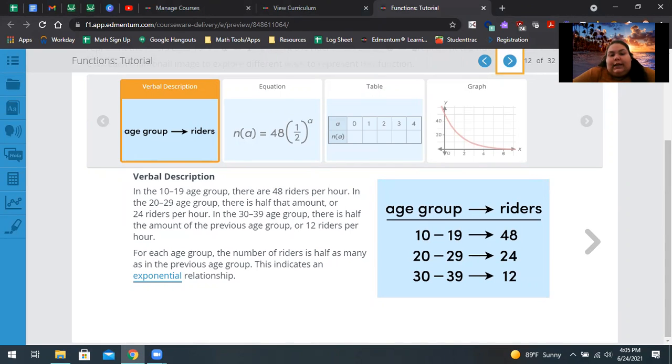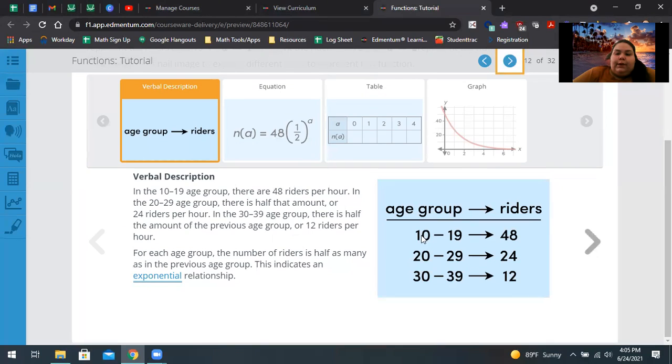The 20 to 29 age group has half that amount, so instead of 48 writers, take half of that. That's how they get that 24. And then in the 30 to 39 age group, there is half of that. So it's decreasing by half. For each age group, it's not repeating. So they're separated in their own age.